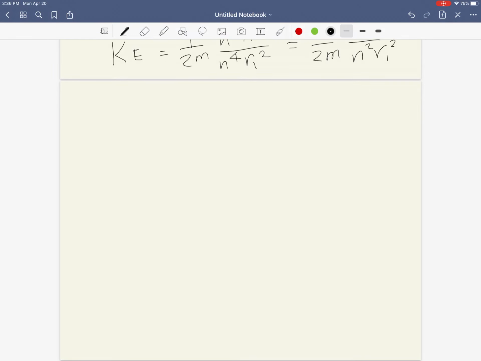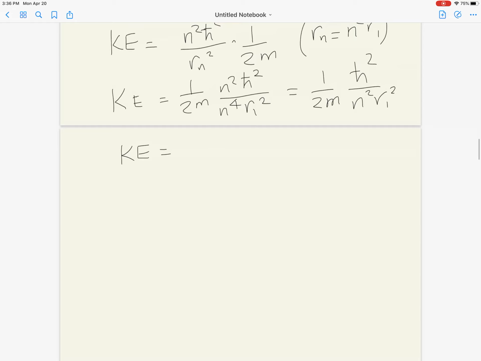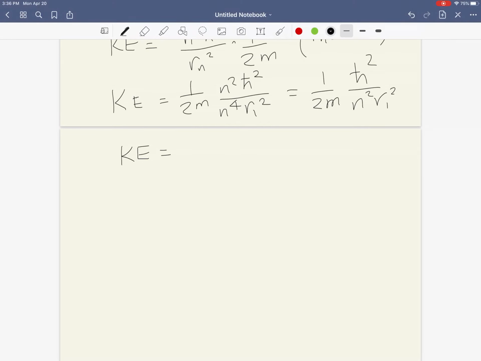We rearrange this as follows. So the kinetic energy of the electron is given by, I'm going to take the n squared out. So I can then write this as 1 over n squared times h bar squared over 2m R1 squared.